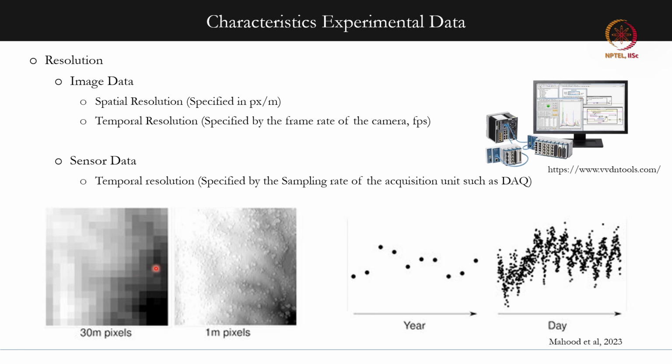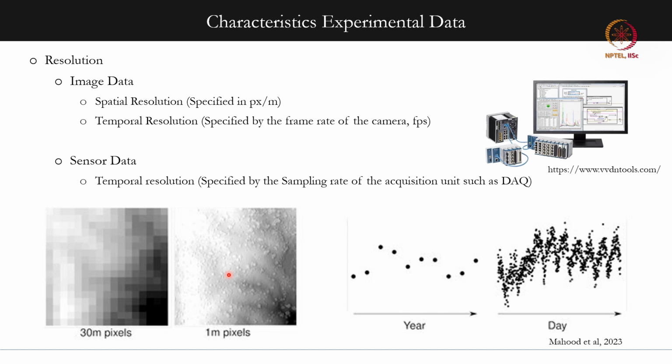So these two images are satellite images of the same geographical location. However, the pixels in them represent two different physical metrics. For the image on the left, each pixel is representative of 30 meters, whereas for the image on the right, each pixel is representative of 1 meter.